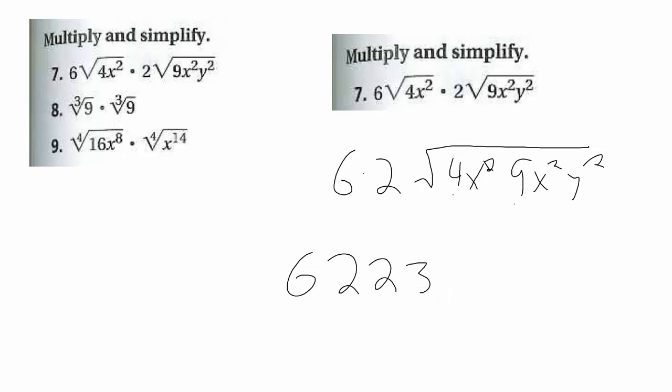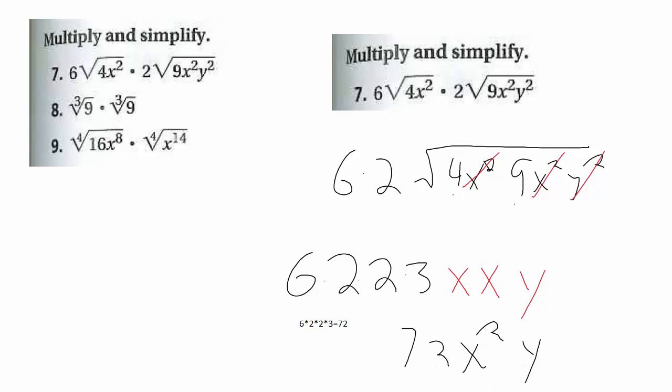And then I also noticed that this x squared right here, that could be an x, and then this x squared right here, that's another x, and then this y squared here, that could be a y. So actually everything makes it out of the radical, and you just have to multiply these coefficients together. So you get 72.